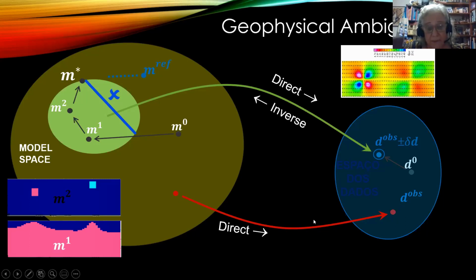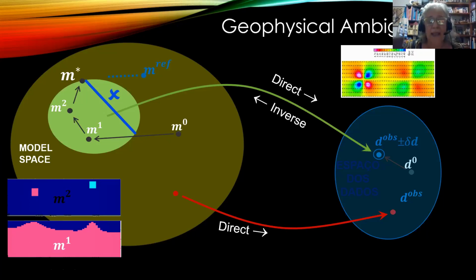So the direct problem is an easy one. You have the model, you know what the geology is, and you just calculate how the field will appear. But the inverse problem is a very difficult one because in reality, you have many different models that can give the same response.